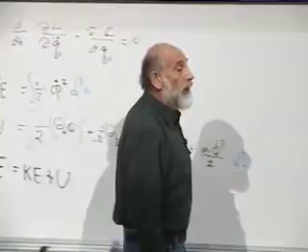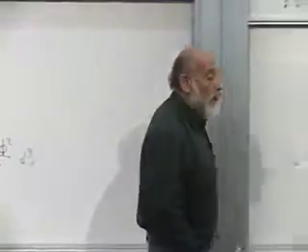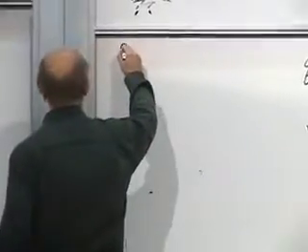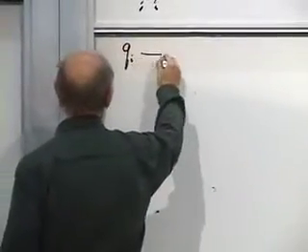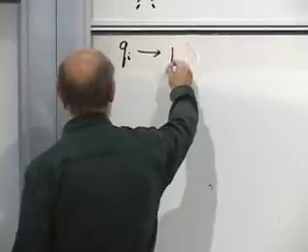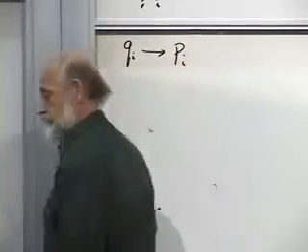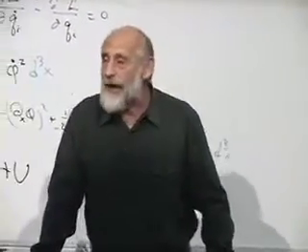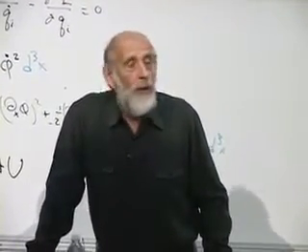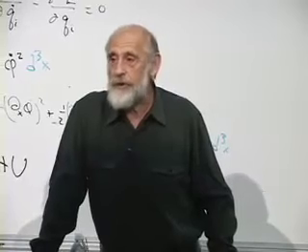The definition of the canonical momentum conjugate to a coordinate q. All right. These are the q's and the p's. For every q sub i, there is also a conjugate momentum p sub i. Now, conjugate momenta may not look at all like what you're ordinarily accustomed to thinking of as momentum.